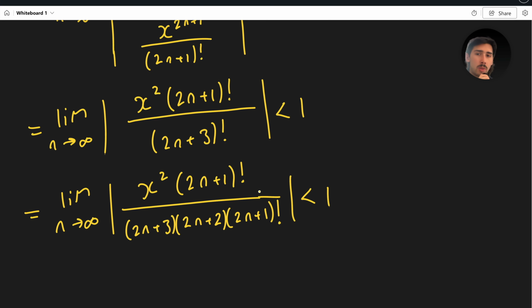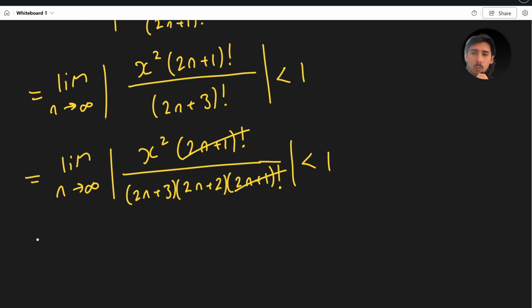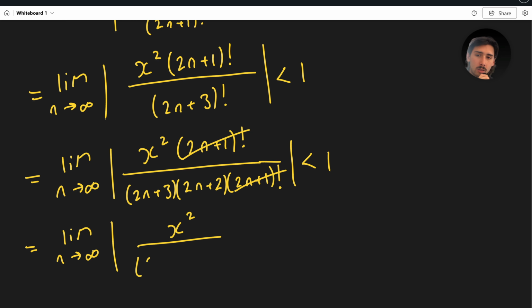Why have I done that? Well, as in the last video, we can cancel these out because they're the same number. We keep going. We have the limit as n approaches infinity of x squared divided by 2n plus 3 times 2n plus 2, and this needs to be less than 1.